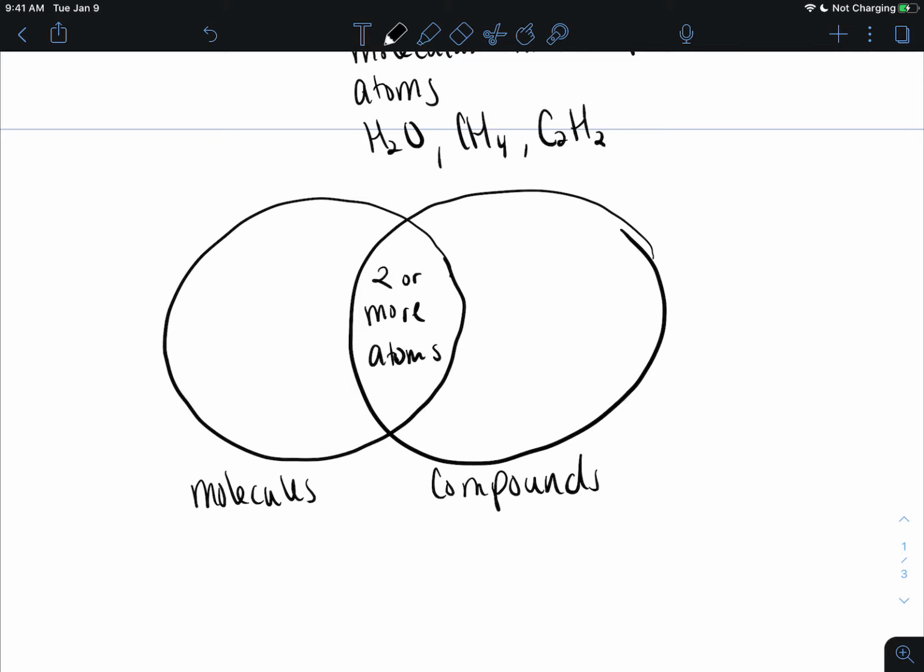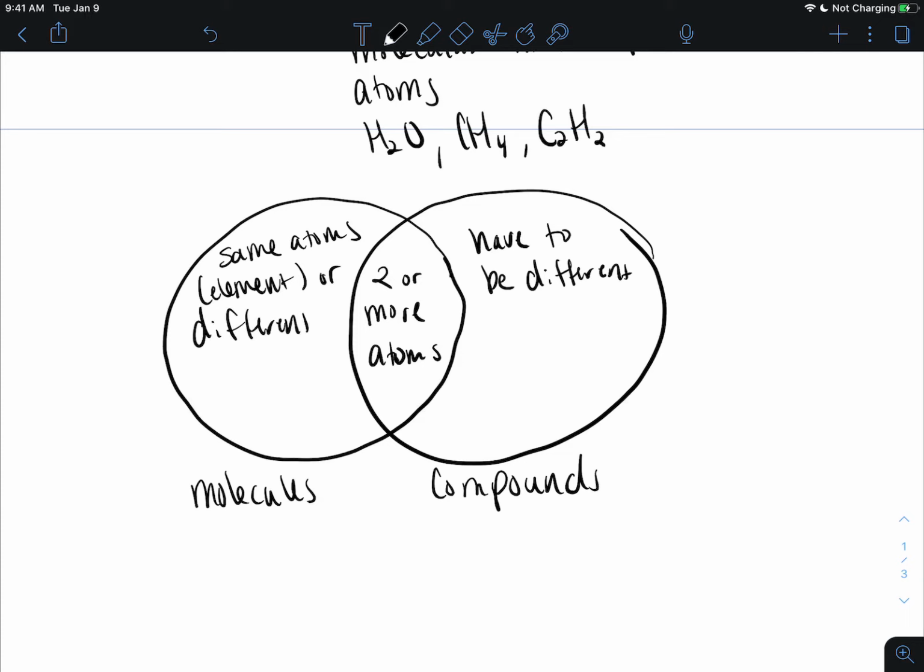With molecules, it could be the same atom or different atoms. So if we have same atoms, we have an element, and then if they're different, they're going to be a compound.